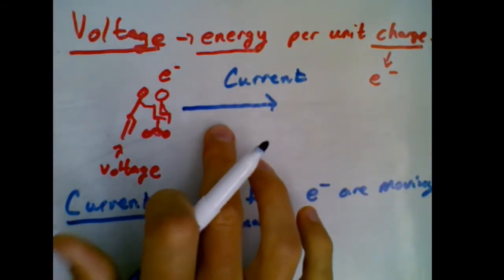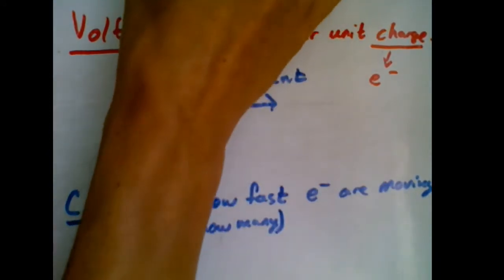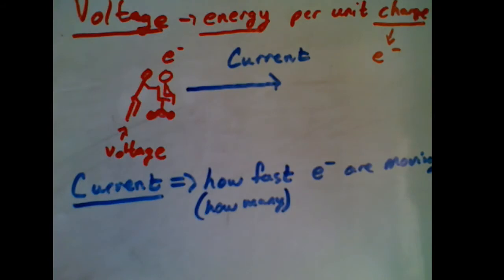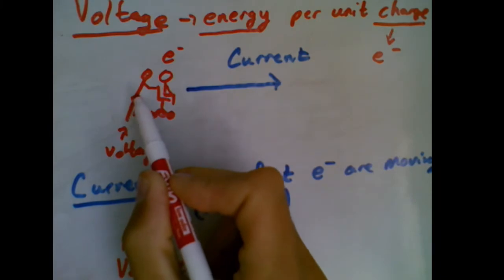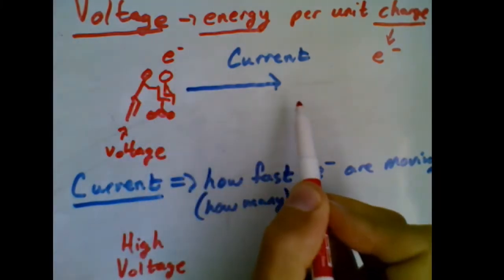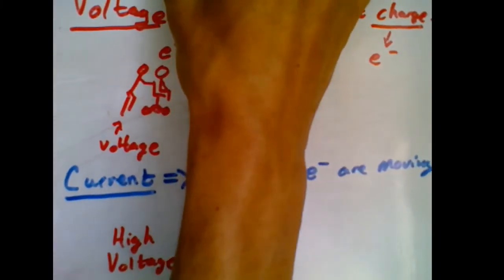You can actually now start to see the relationship between these two things. If I were to have a high voltage, you can think of that as getting a really large push to the electrons.